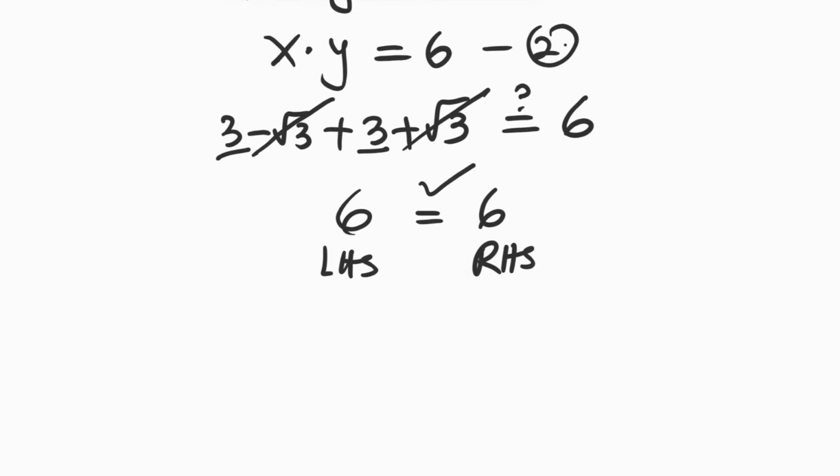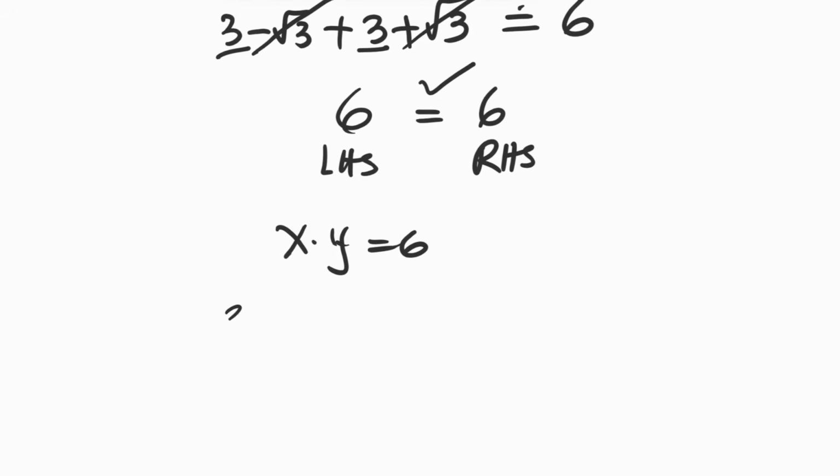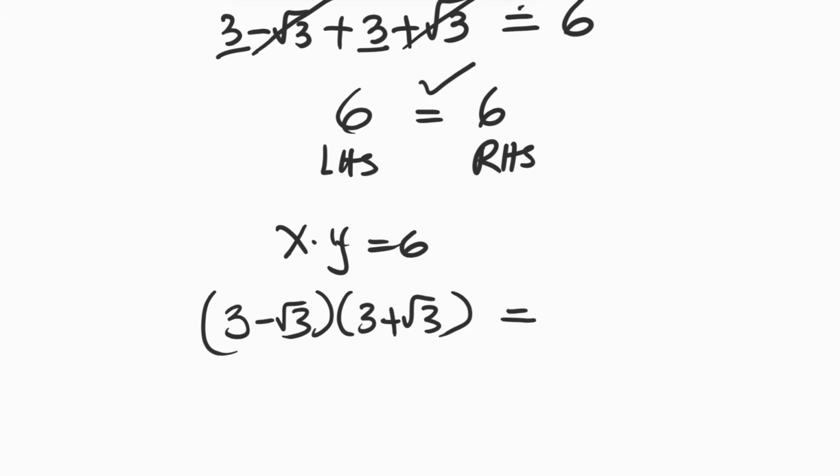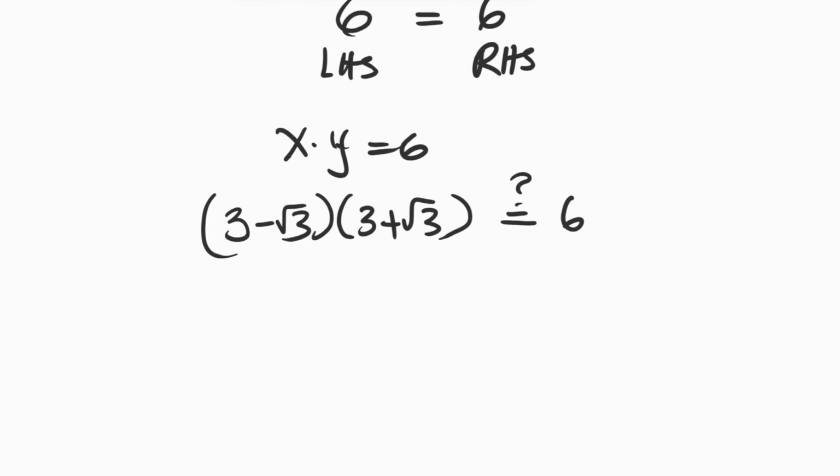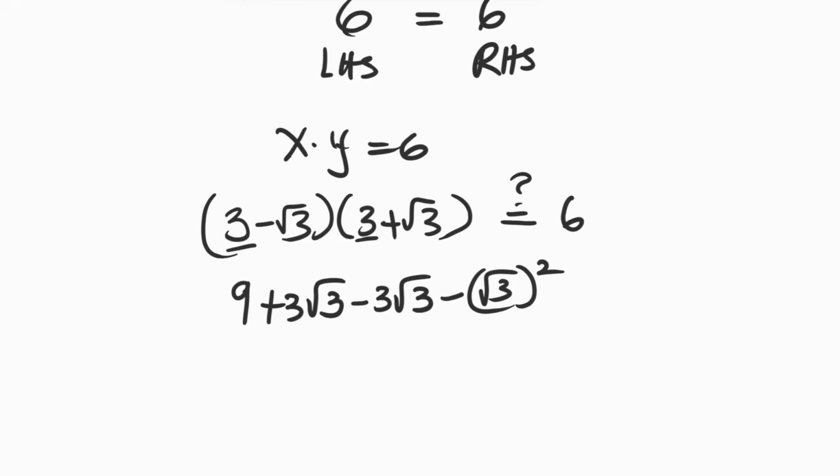So let us try it with equation 2. Equation 2 states x times y equals 6. And so we try 3 minus root 3 times 3 plus root 3. Is that going to be equal to 6? So let's multiply. 3 times 3 will give us 9, plus 3 root 3, minus 3 root 3, minus root 3 all squared.